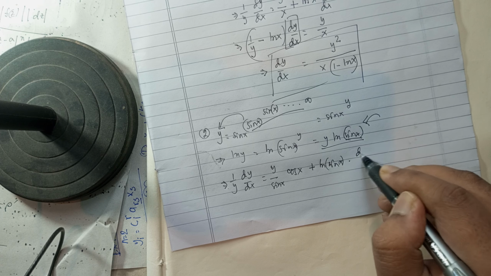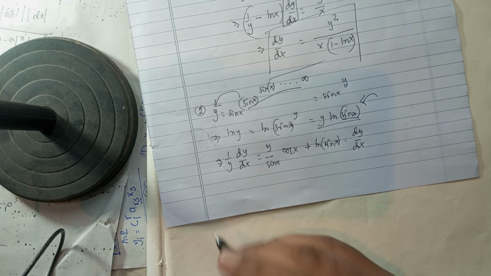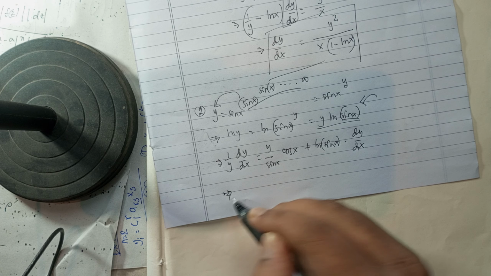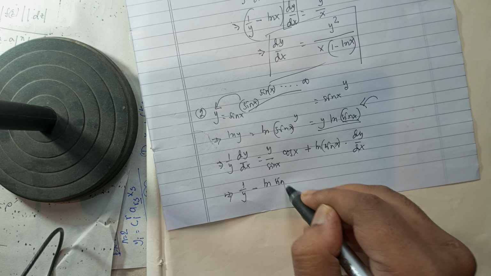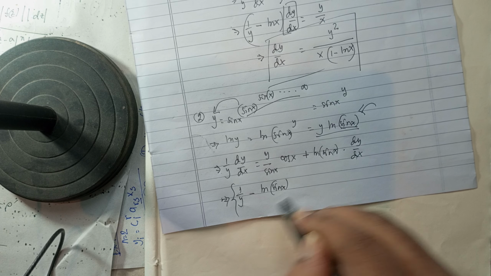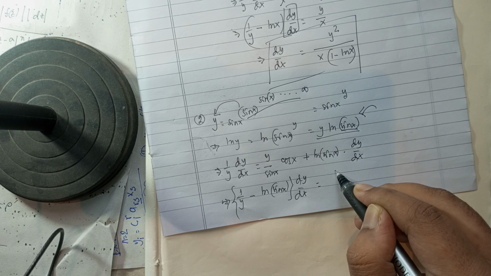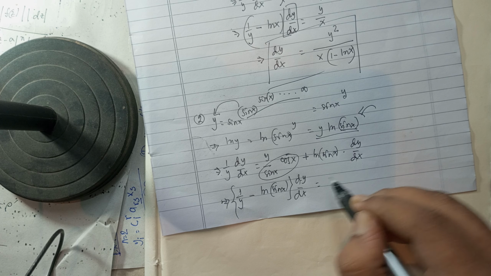Again we put the common parts on one side, and the other side is the non-common part. So 1 over y minus ln sin x, and the common part d/dx of y, and this part gives us the value of cot x.